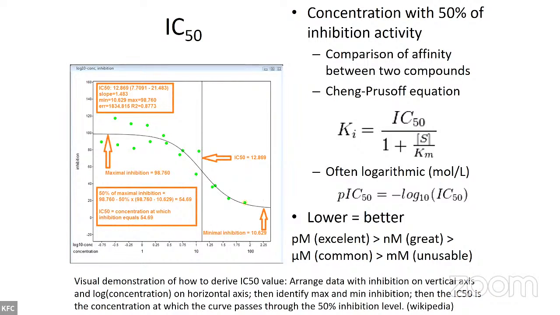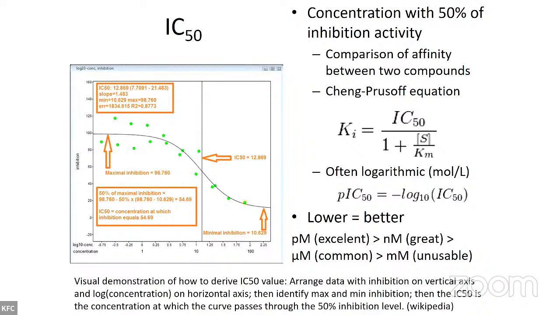The IC50 by itself is somehow similar to Ki, to the inhibition constant, but it's also depending on the system. So it's depending on how much concentration of the substrate was used and how big the Michaelis-Menten constant of the enzyme was.